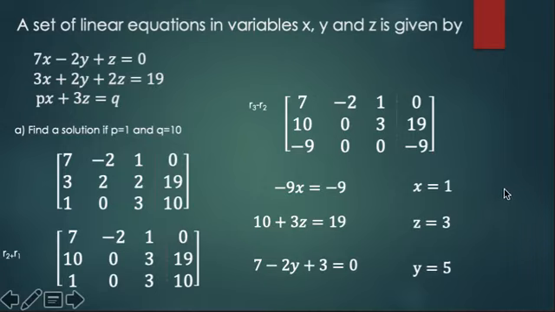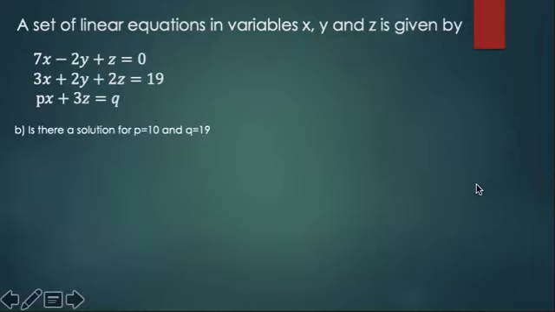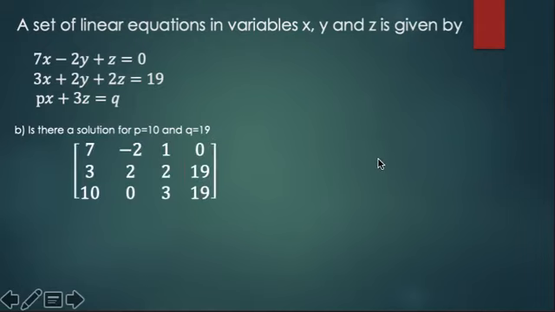Okay, nice, just a bit of revision of what we did in 6a. Now, let's have a look at a different situation. What happens now if p equals 10 and q equals 19? So put those ones in. Again, if we go R3, take R1.